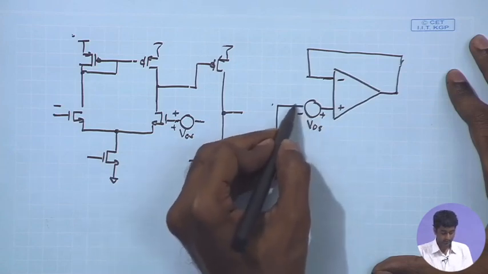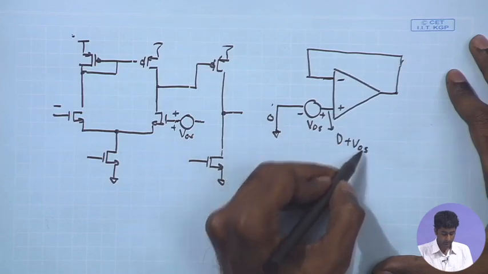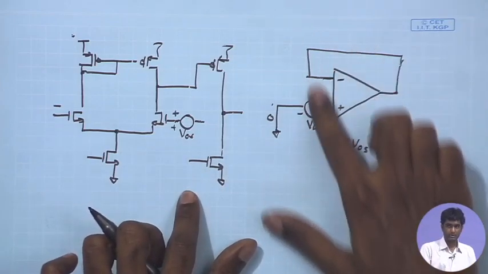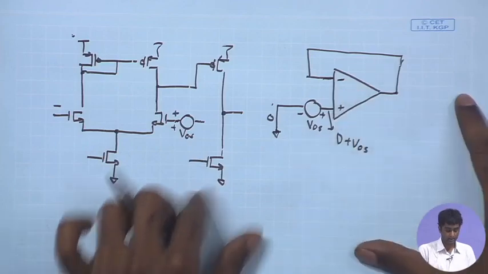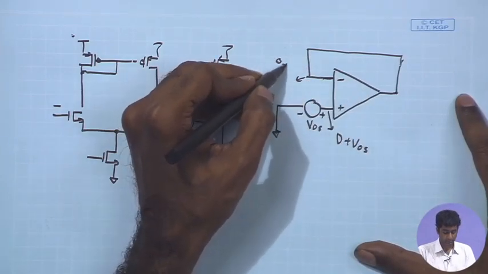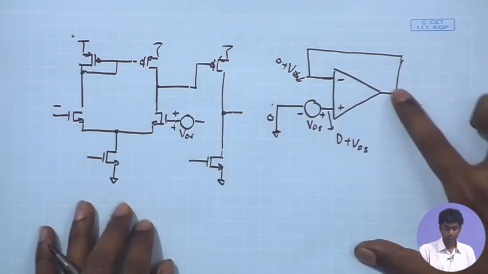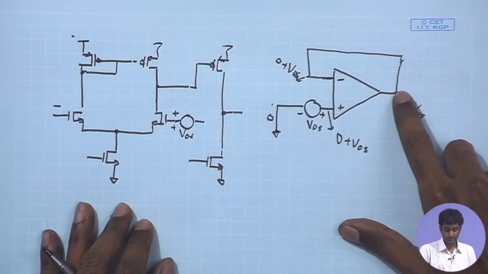In that case we have 0 over here and this point is 0 plus V offset, and of course, if this has sufficiently high gain, the amplifier will make sure that this point also comes as 0 plus V offset. Therefore, the output is V offset.